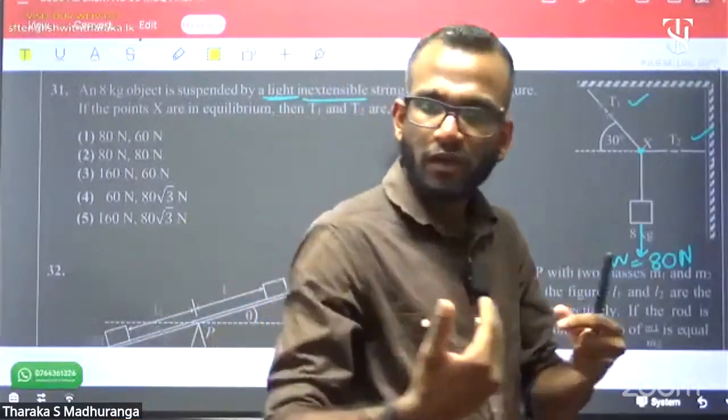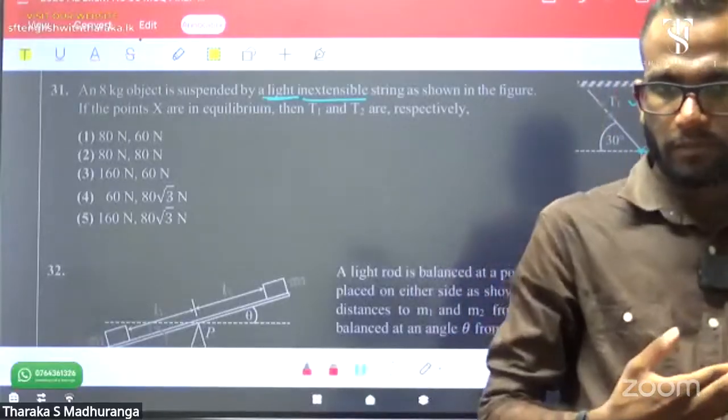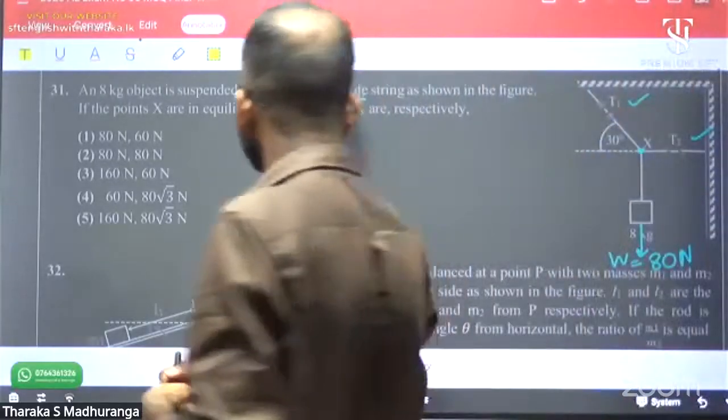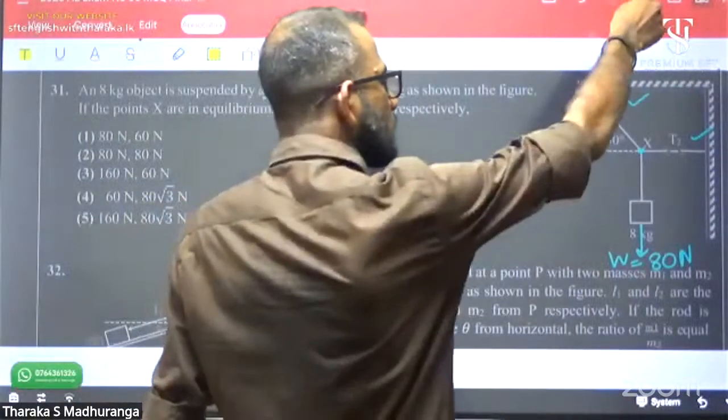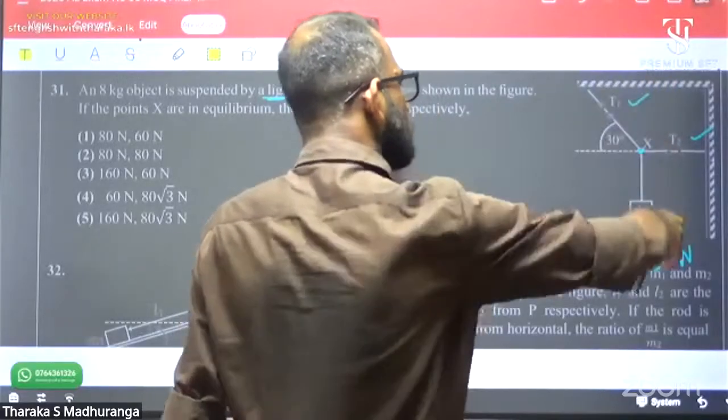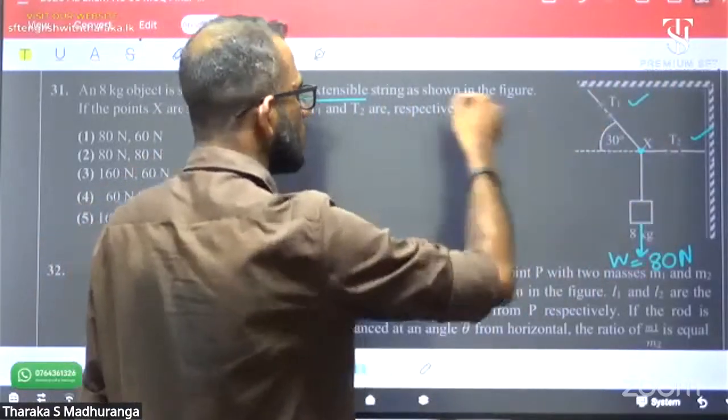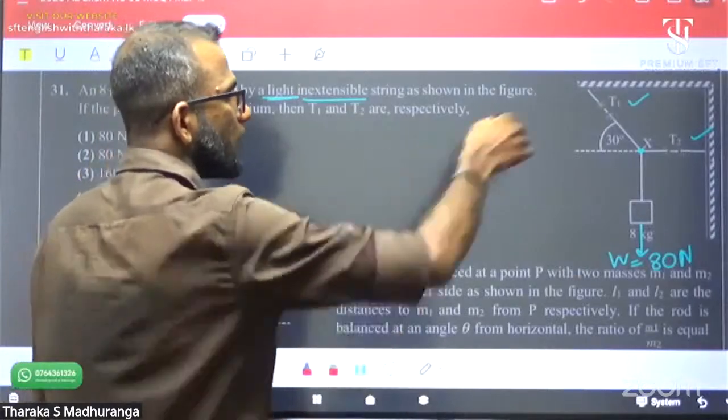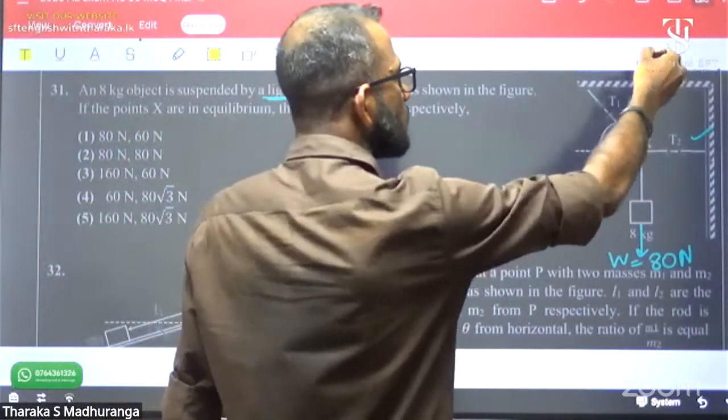That's the meaning of a balanced or equilibrium system: no resultant force, zero. Then on the vertical side, it's 80, and 80 equals T1's vertical component.